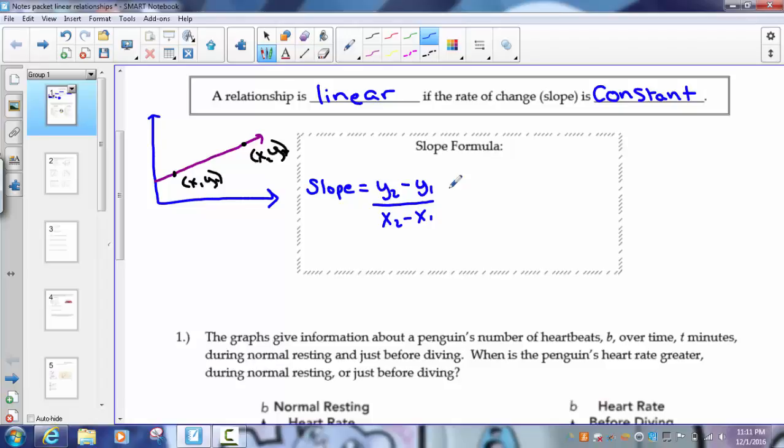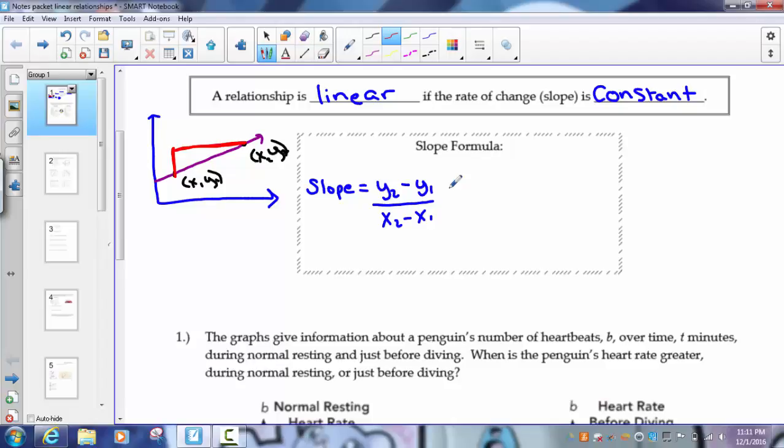It's like finding a ratio. Okay? So in other words, when I subtract the y's, I see how far I'm going up compared to how far I'm going over. Because when I subtract the x's, it's going to go this way. When I'm subtracting the y, I'm looking at how far it goes up, which is called the rise. When I subtract the x's, I see how far it goes over. That's called the run.